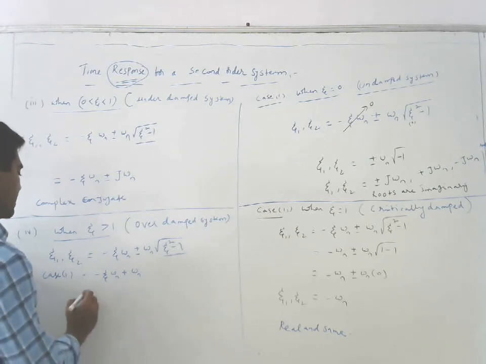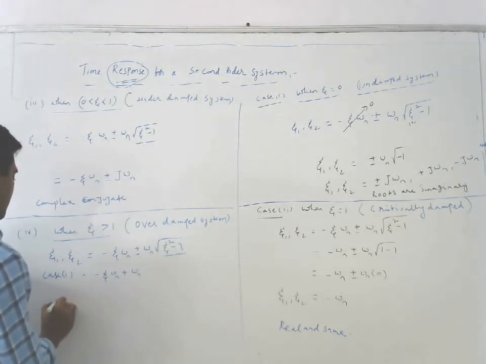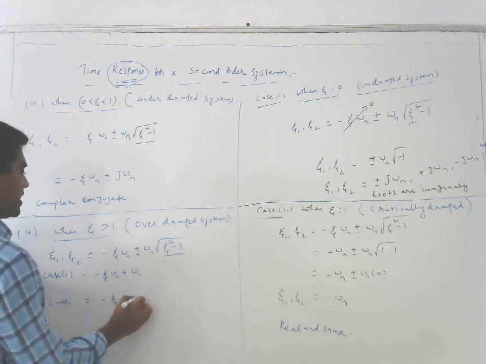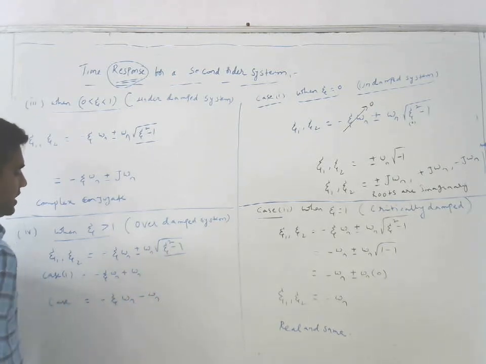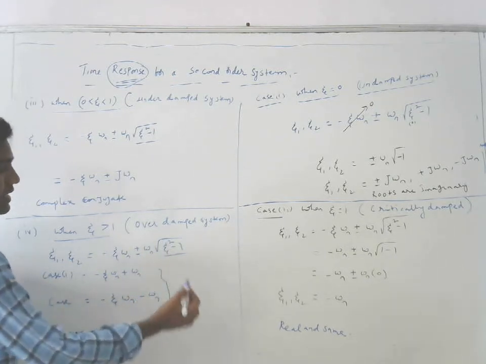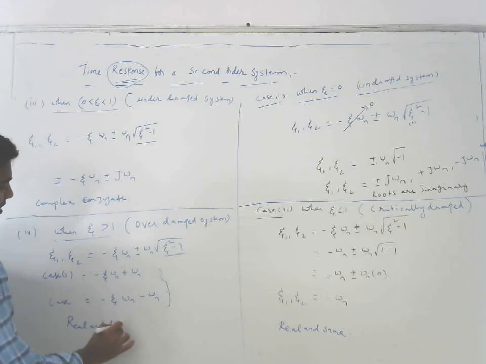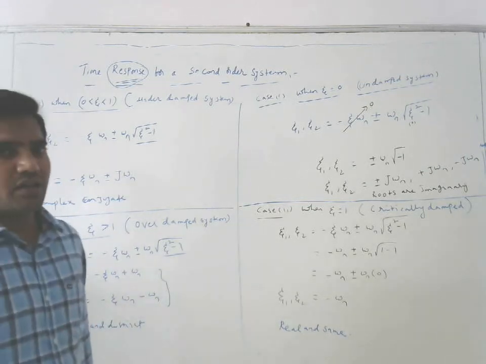Next, in case 2, taking the negative, minus zeta omega n minus omega n into the square root. Even so, the two roots will be real and distinct. Real and distinct. These are the 4 cases we are having.